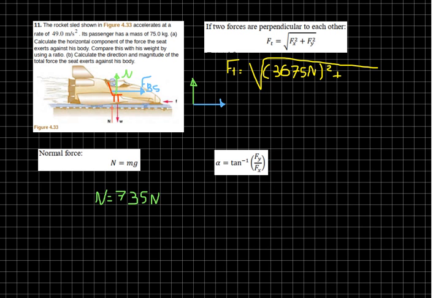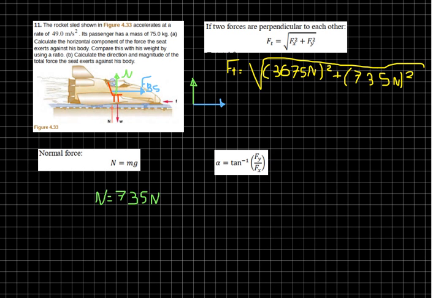The only vertical force that we have here is the normal force, and that is equal to 735 newtons, squared. Now we have to solve this in order to get the magnitude of the total force.